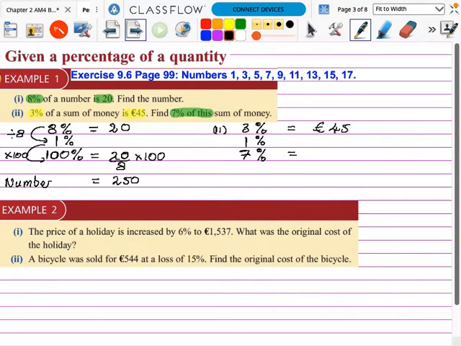Very good if you got that right. So now what we have for part 2 is: how do I get from 3 to 1, and how do I get from 1 to 7? First of all, is it division or multiplication? And it's division, division by 3. How do I build from 1 to 7?